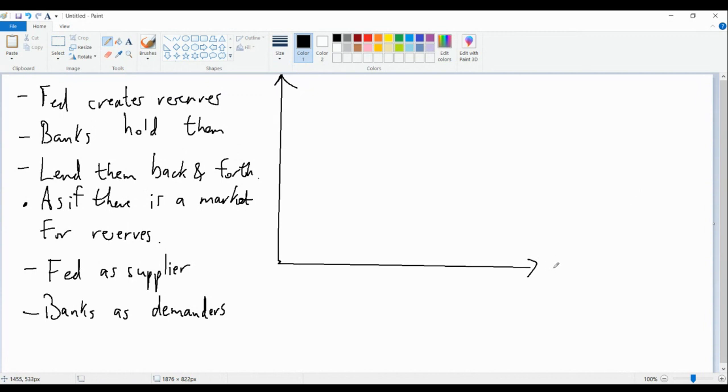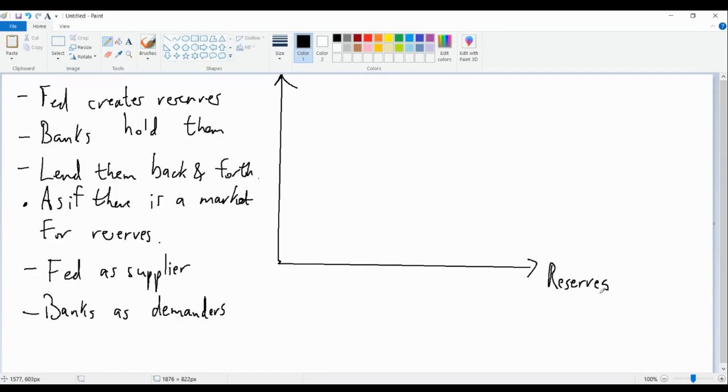On the x-axis, we always put the good that we're discussing. What's the good or service? In this case, it's the market for reserves. So that should be reserves in dollars or trillions of dollars. The vertical axis: if you are a bank and you demand some reserves from another bank, what do you have to pay them?